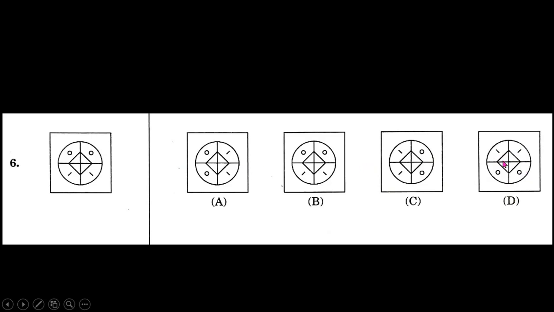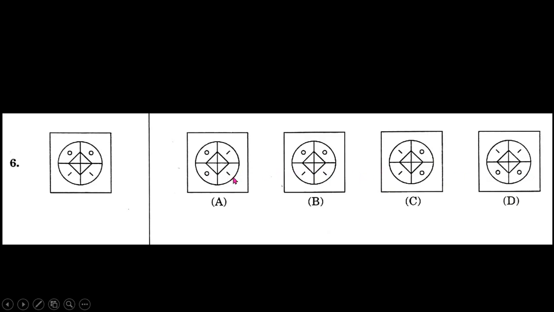These things are common in all the answer figures. Now, when we look at the positions of these small circles and small lines, we find difference in these positions.